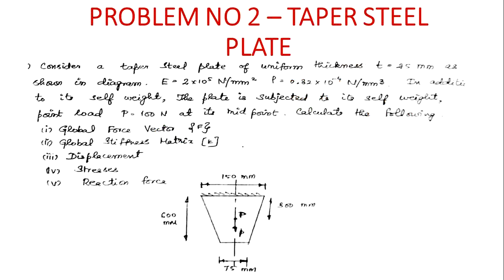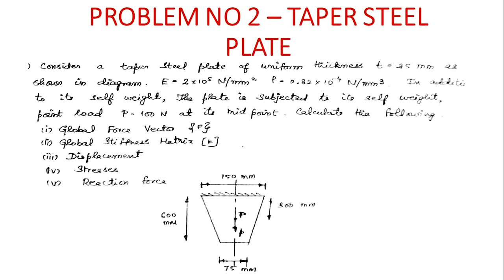So this is your problem. It is a taper steel plate. Consider a taper steel plate of uniform thickness of 25 mm as shown in the figure, which has a Young's modulus E equal to 2 into 10 power 5 Newton per mm square, and density is 0.82 into 10 power minus 4 Newton per mm cube.